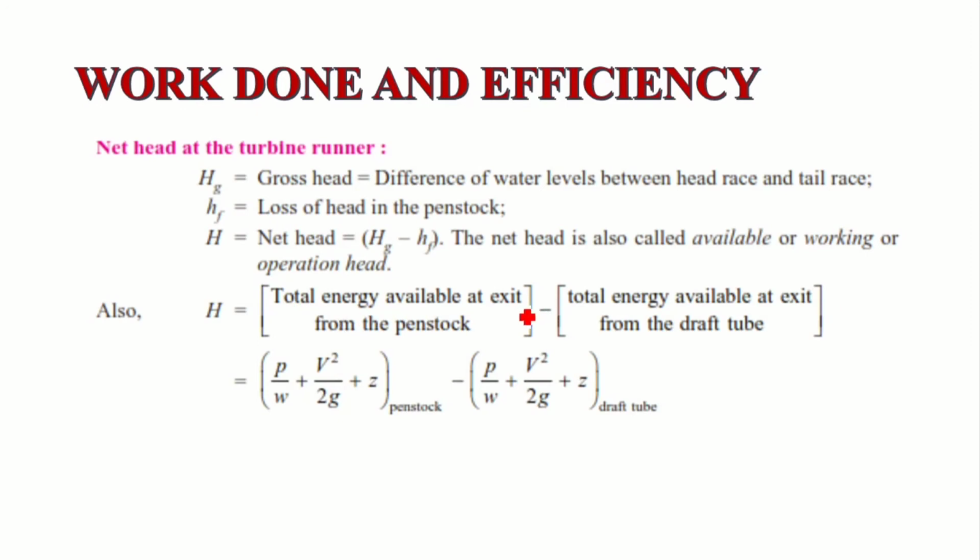So total energy available at the exit from the penstock minus total energy available at the exit from the draft tube. This is Bernoulli's equation: P by W plus V squared by 2G plus Z, minus P by W plus V squared by 2G plus Z. The first is the energy available at the inlet, and the second is the energy available at the exit of the turbine. The difference between the two gives the net head.